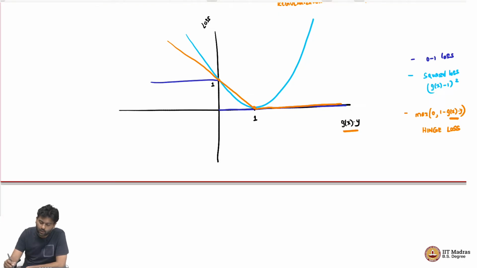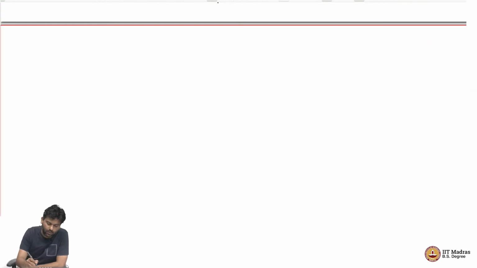The next popular algorithm that we have seen is the logistic regression algorithm. What was the logistic regression problem?